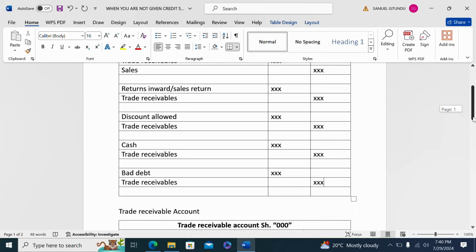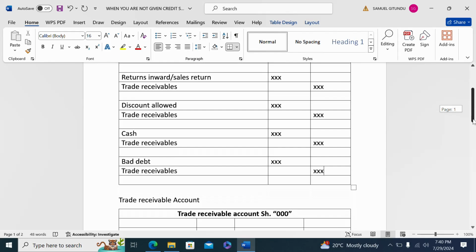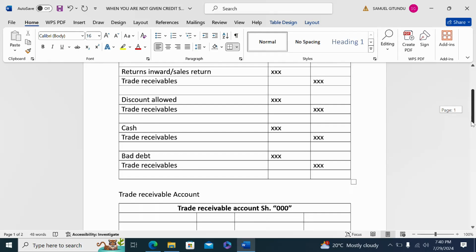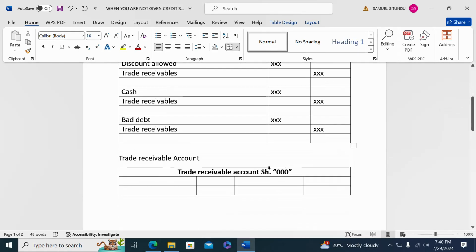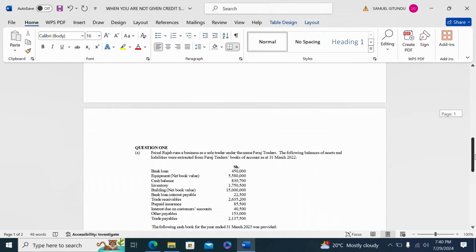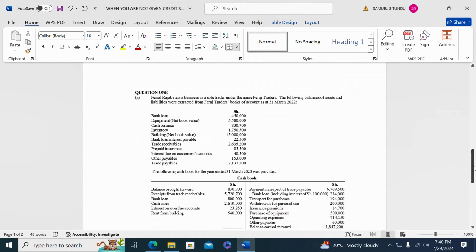At this moment, let us now go to the trade receivables account and do an example to cement your understanding. The trade receivable account is here. We are going to do a working on a question that was tested in August 2023. Faisal Rajab runs a business as a sole trader under the name Ferrari Traders.